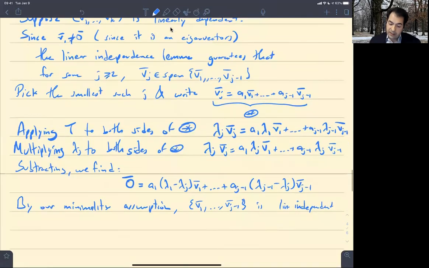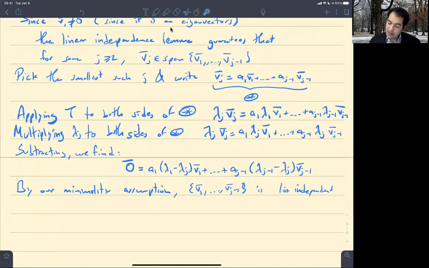Fantastic. So now I have a linearly independent set of vectors, and a linear combination of those vectors equal to 0. But linear independence means that if you have a linear combination equal to 0, all of the coefficients have to be equal to 0.